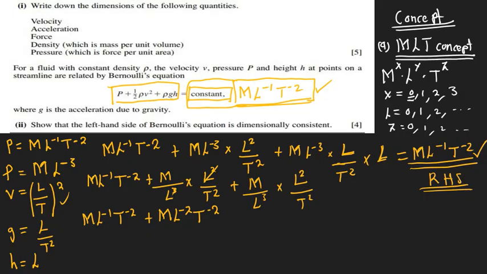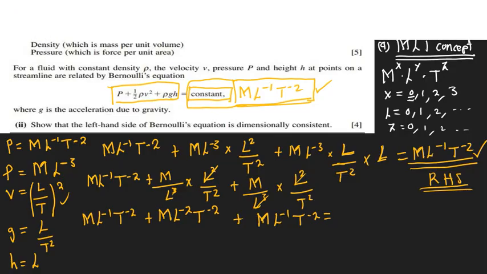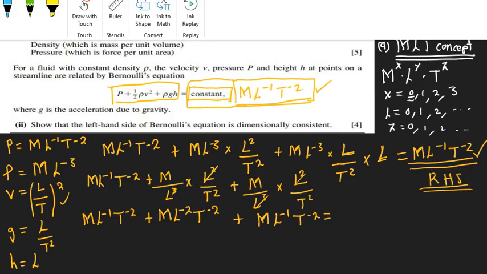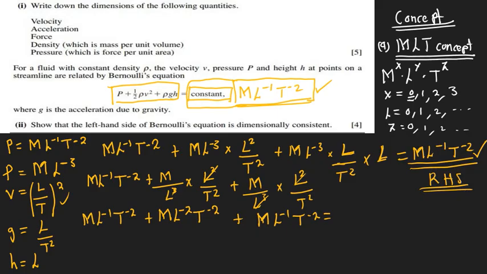Okay, so we have this part and this part holding. Then plus, look at this guy and this guy can cancel. We shall have M L -1, then T -2. And everything is going to equal to, let me use blue, everything is supposed to equal to M L -1, then T -2. Now, look at this.